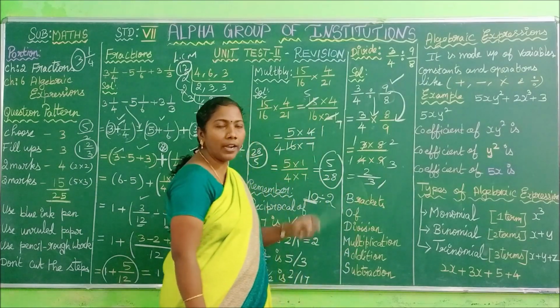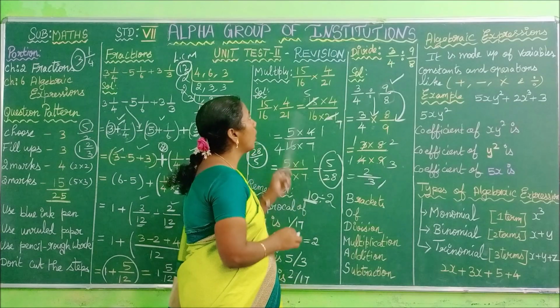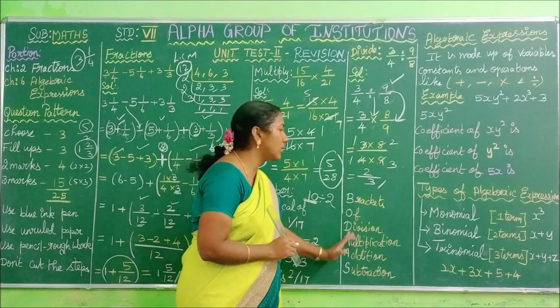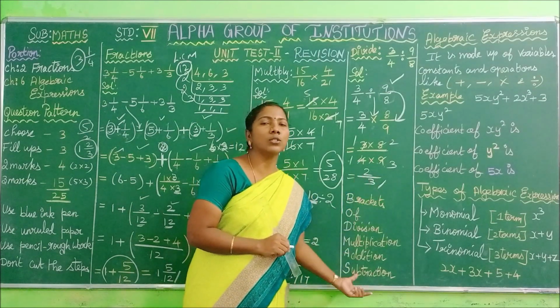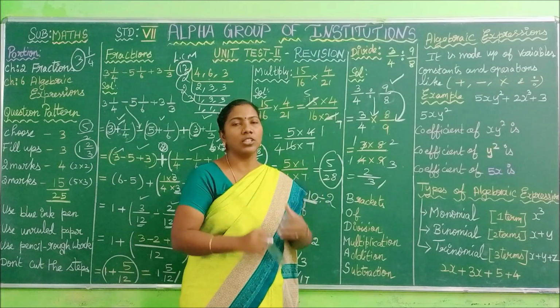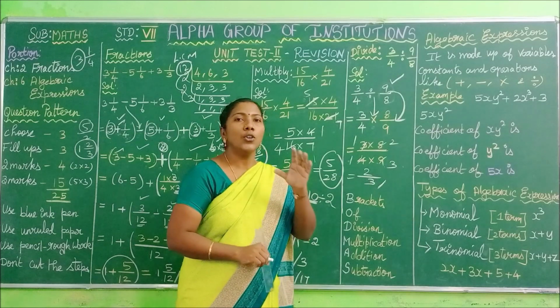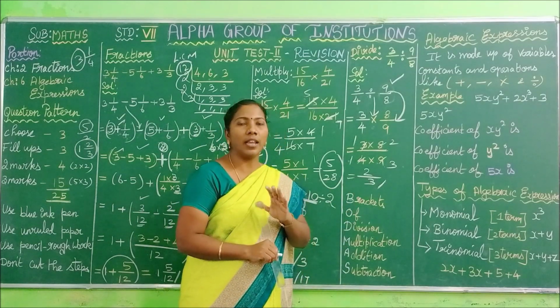I hope you understand how to add and subtract fractions and also how to multiply and divide fractions. Okay. Next we are going to see the BODMAS rule. Why do we have to recall this BODMAS rule? Suppose the given expression, that is the given question, contains mixed operations with fractions, then you have to follow the BODMAS rule to simplify that expression. Okay.